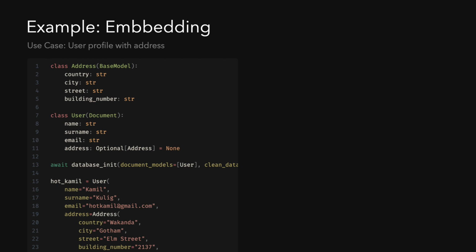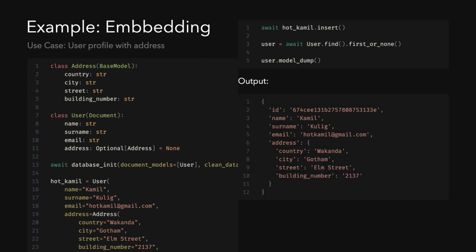Because we always have a user for an address, and when we think about MongoDB, sometimes it's about what we want to see in the view, what we want to see on the front end side. And as you can see, I add my address: Wakanda, Gotham, Elm Street. When we want to insert something, we can do it, of course, and then we want to find the first user, and when we dump it, we can see my address and myself.